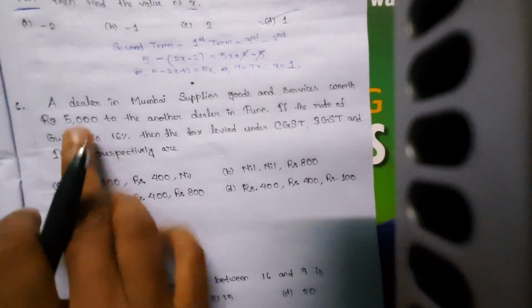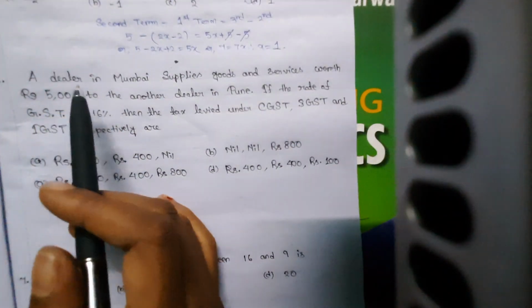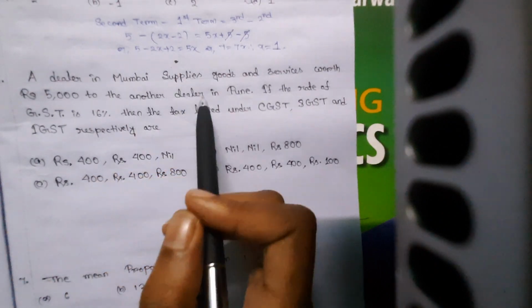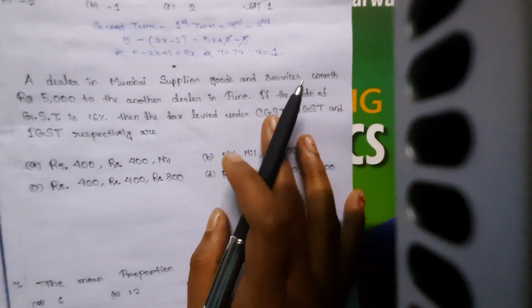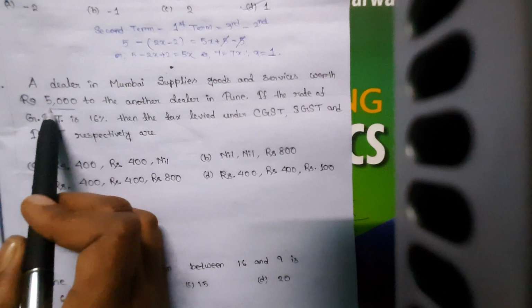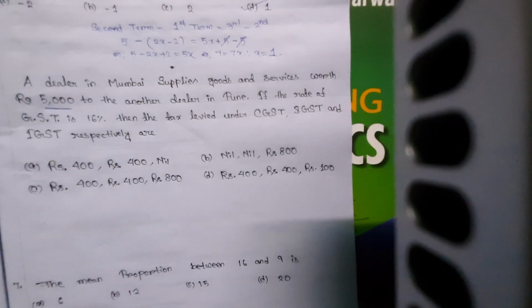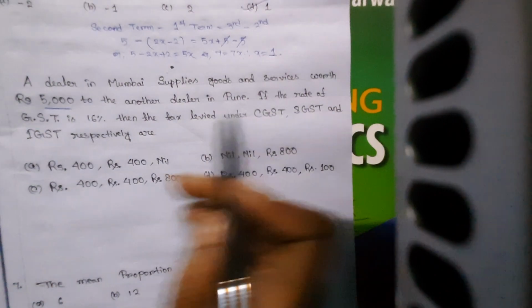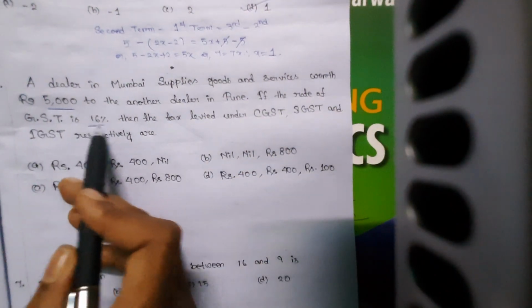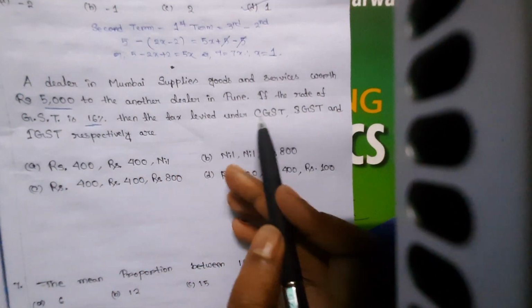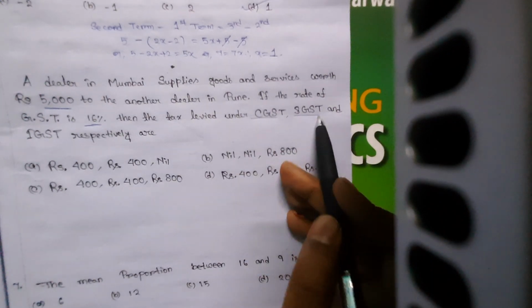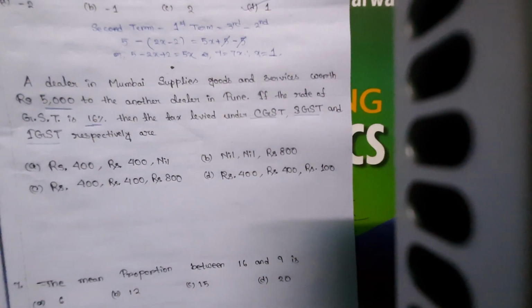Now the next problem: a dealer in Mumbai supplies goods and services worth rupees 5,000 to another dealer in Pune. In this problem, if the rate of GST is 16%, then the tax levied under CGST, SGST and IGST respectively are.